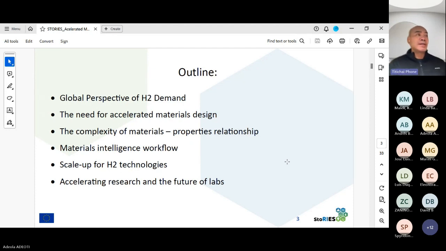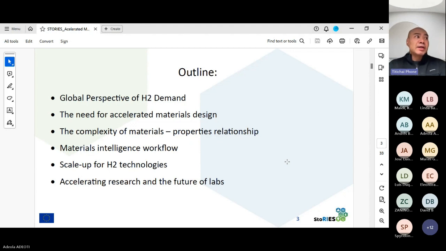First, I wanted to discuss the global perspective of hydrogen demands, to understand why hydrogen and why accelerating the material, so the need for accelerated materials design. And then the third bullet point, I wanted to dive a little bit deeper into the materials properties relationship in order to understand the complexity of how and why we need to do the design properly, and why it is not an easy field to navigate in.